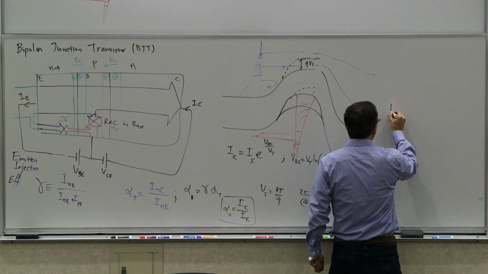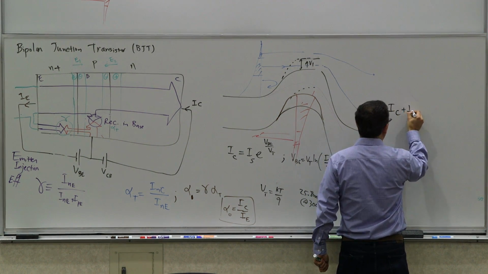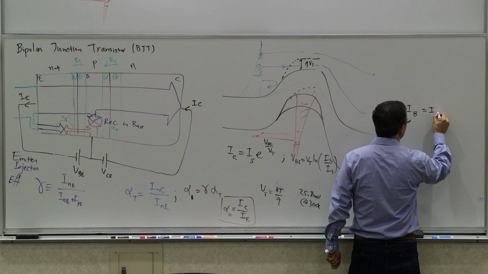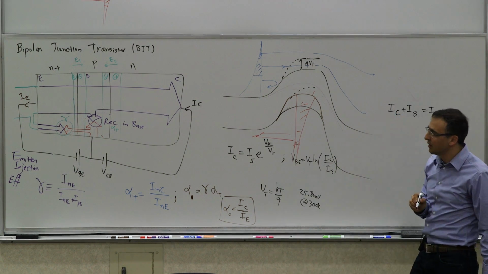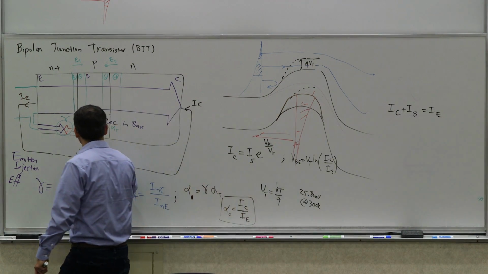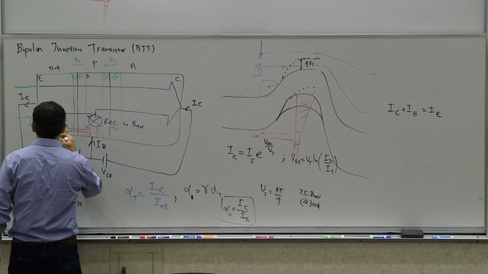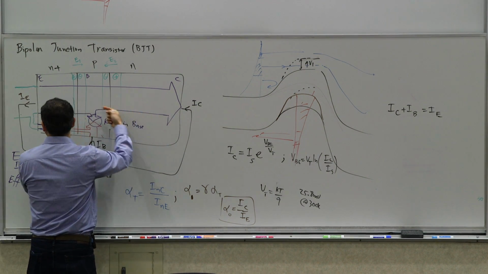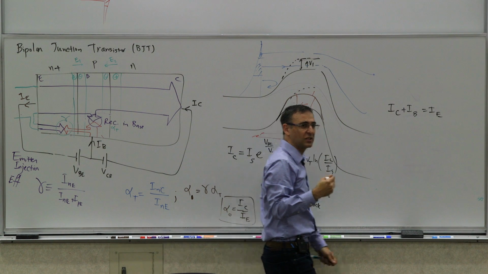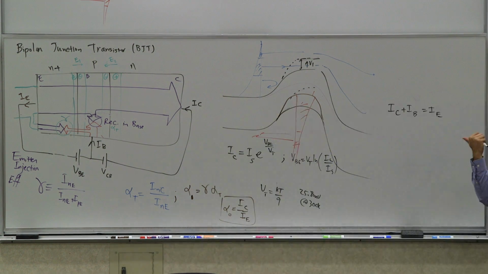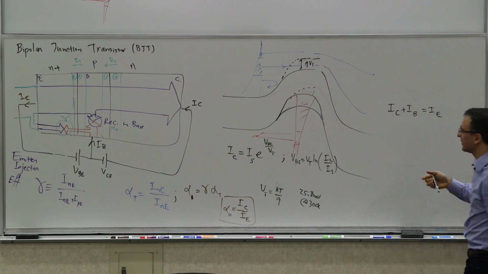And think about it. So we know that IC plus IB is IE by KCL, right? This is IC, this is IB, and this is IE. These two are going in, this is coming out. Of course, you're talking about electron movement, so the actual current direction is going to be the opposite of the movement of the electron.